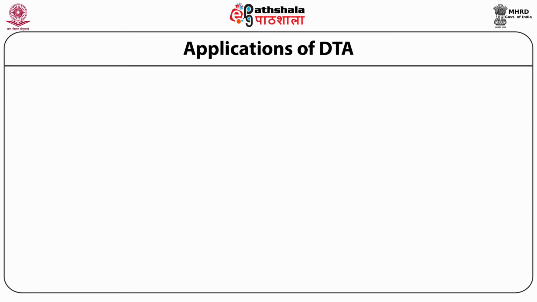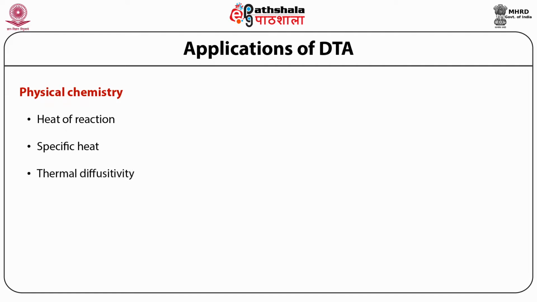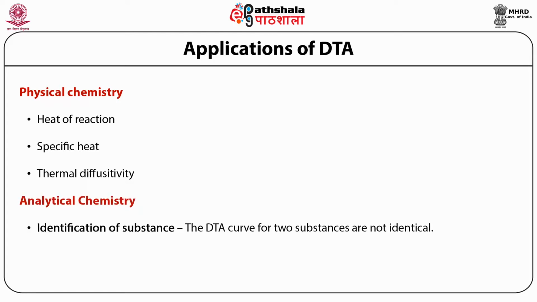Applications of DTA. Some applications of DTA which are of particular interest to chemists include study of heat of reaction, specific heat, thermal diffusivity, and the various applications which are of interest to analytical chemists are identification of substance.